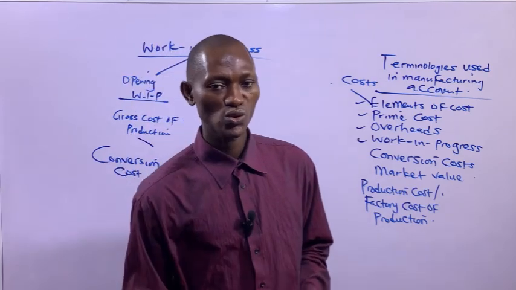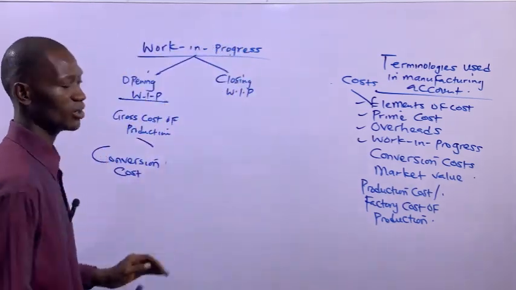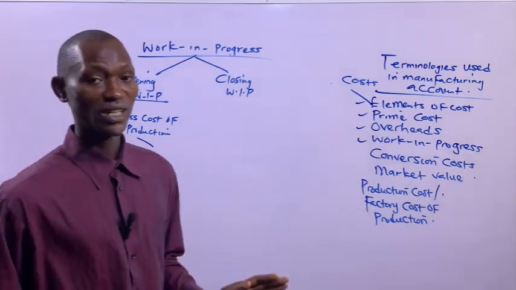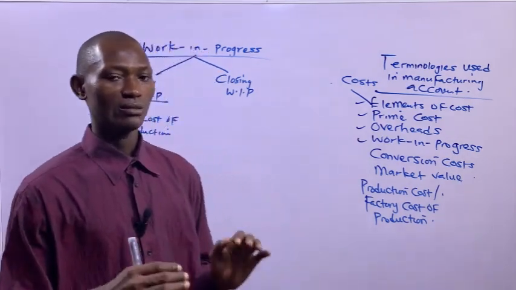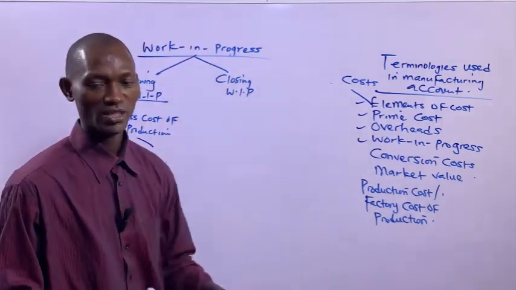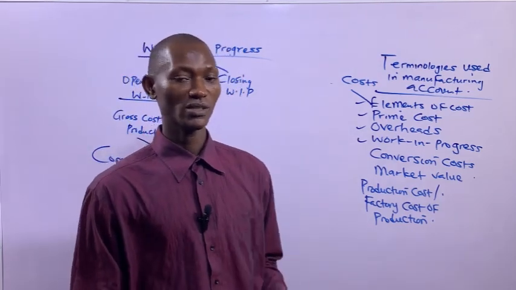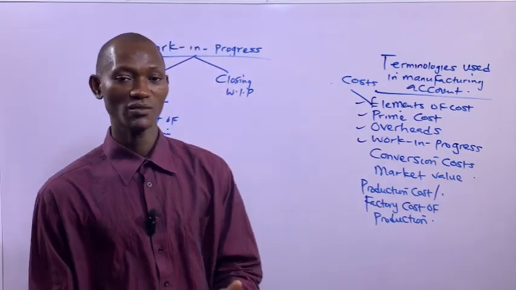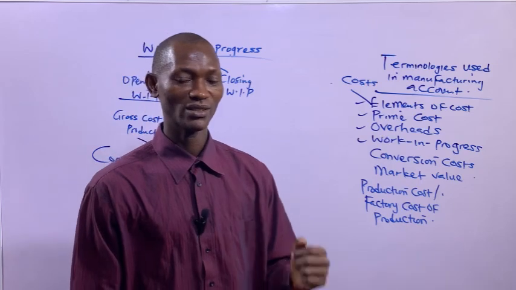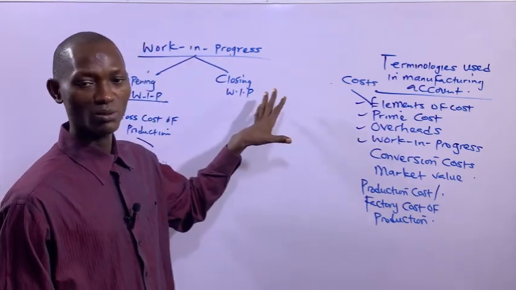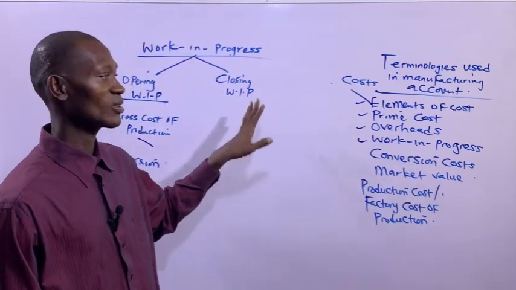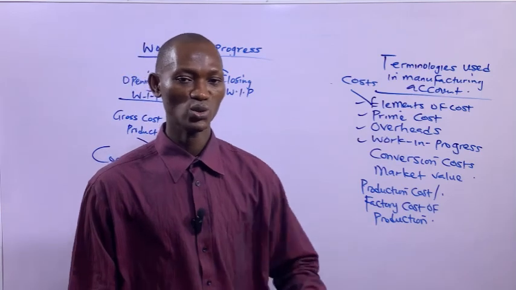So let's say, for example, a manufacturing concern, because this has to do with any business that is into manufacturing of goods. You don't manufacture services, you render services, but we are referring to any business organization that produces goods.